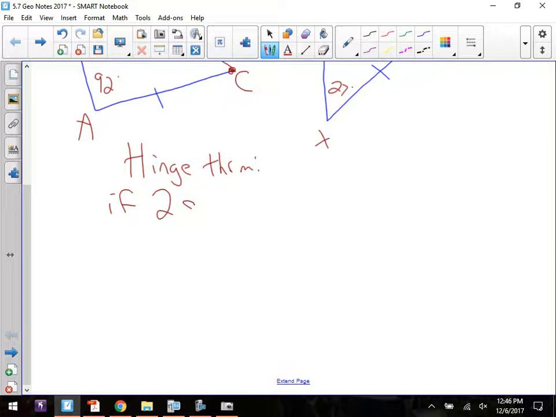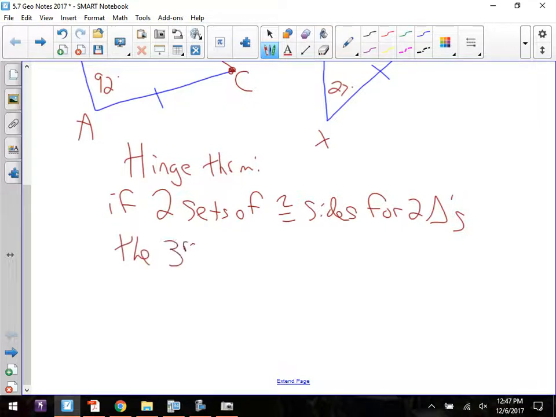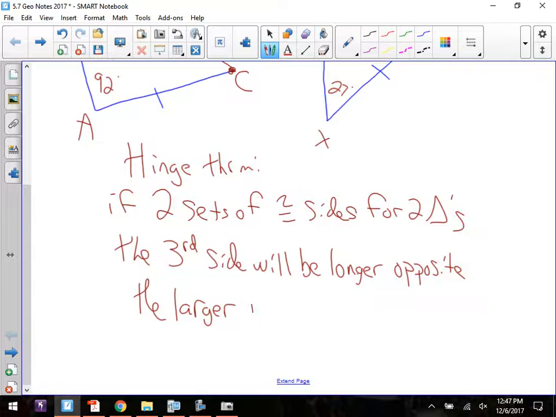If two sets of congruent sides, you have two sets of congruent sides for two triangles, the third side will be longer opposite the larger included angle.